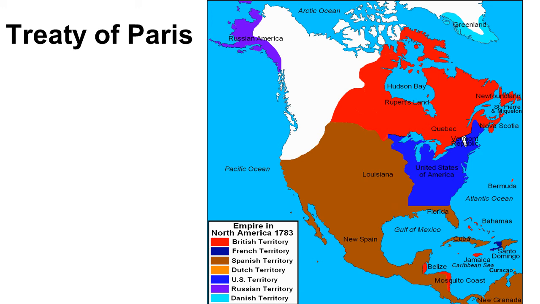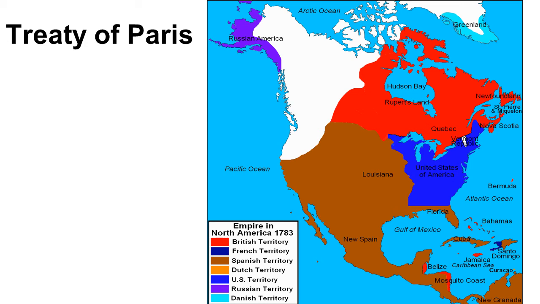So while the battles stop, for the most part, the Treaty of Paris is signed in 1783, and it officially ends the American Revolution. And not only does it end the American Revolution, but it recognizes the independence of the United States of America, and it established certain boundaries.